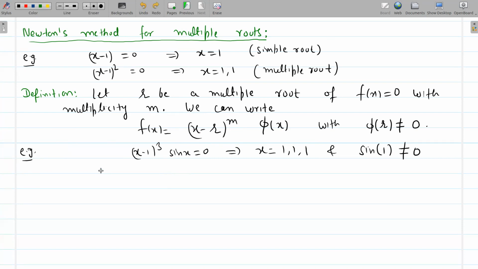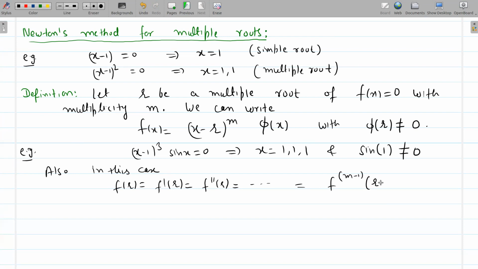Also you can check here, in this case clearly f(r) equals 0 root है, f(r), f dash r, f double dash r, all derivatives will vanish, and the mth derivative at the root will be non-zero.